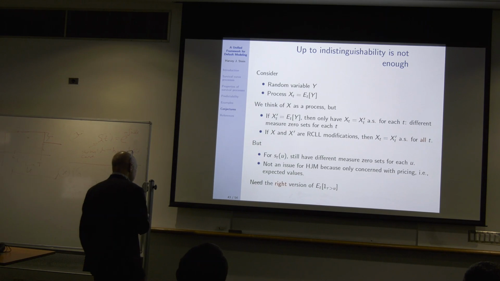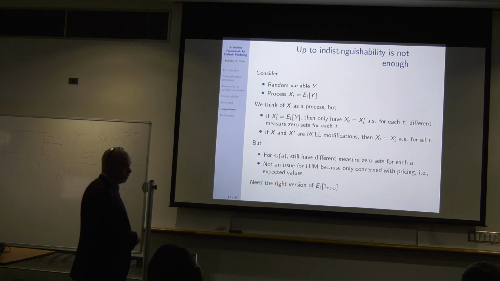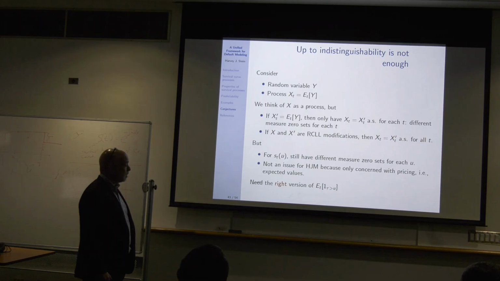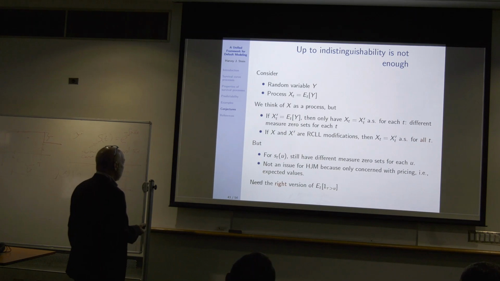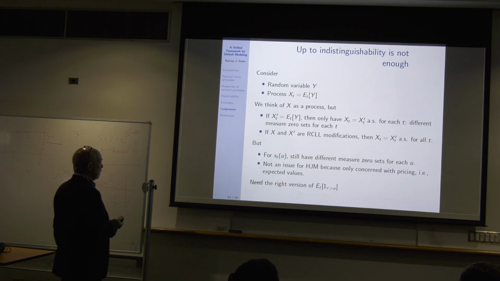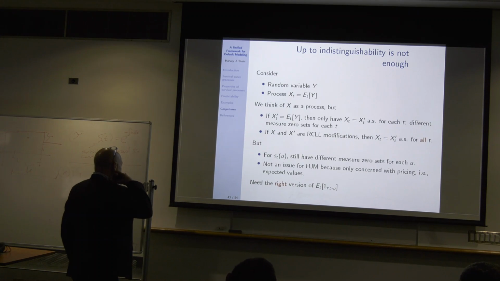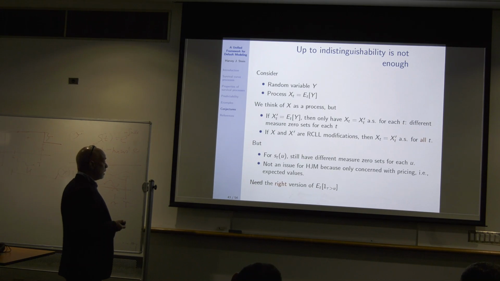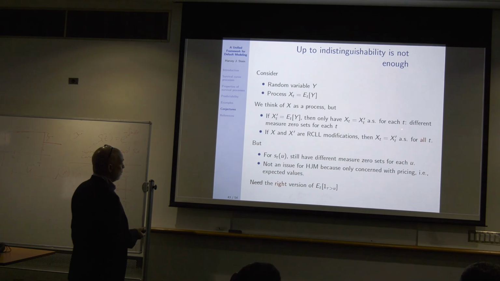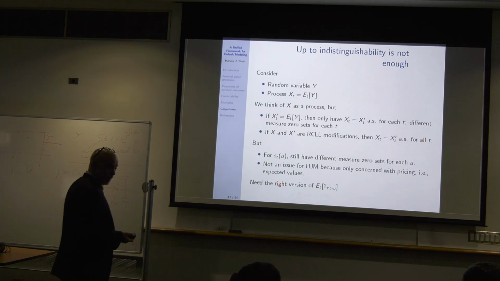Now, here is an example of how this goes wrong with the measure 0 sets. Think of a random variable y. Think of a process x of a little t to be the conditional expectation. We think of x as a process, but as I mentioned, we have different measure zeros at different times. Even if we take two RCL versions of this, the two processes are equal on almost all paths.